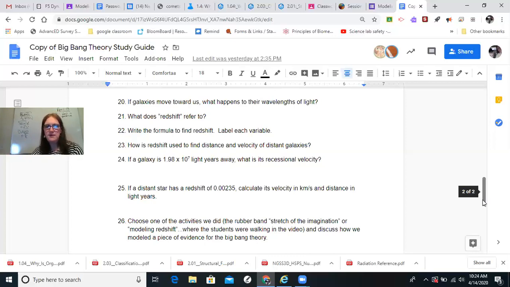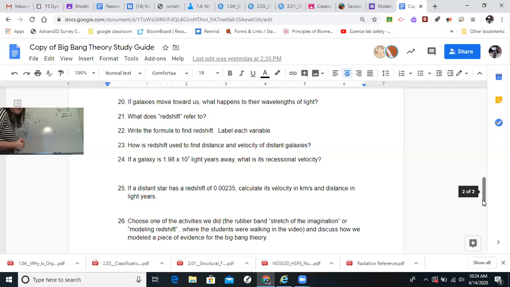Okay. So here we go. Number 24. If a galaxy is 1.98 times 10 to the 7th light years away, what's its recessional velocity? Okay, so we know we're looking for v, right? Recessional velocity.